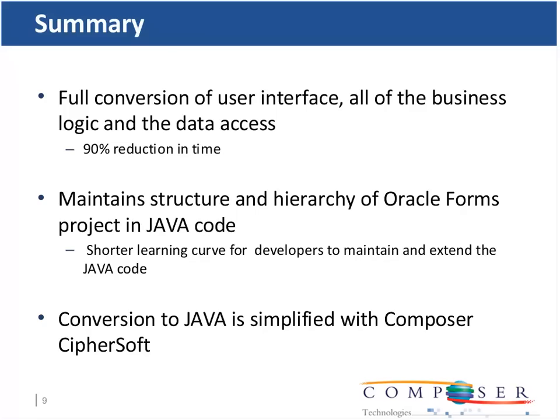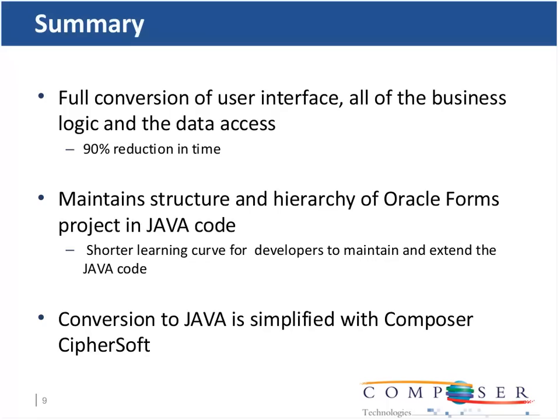Yes, he's here. Yes, it is correct that we generate one Java class for each block, item, and form module. And these classes will be in separate packages to avoid any name conflicts. As in Oracle Forms, each item, block, or form will have properties and attributes, and also they will have some behavioral components such as triggers and program units.